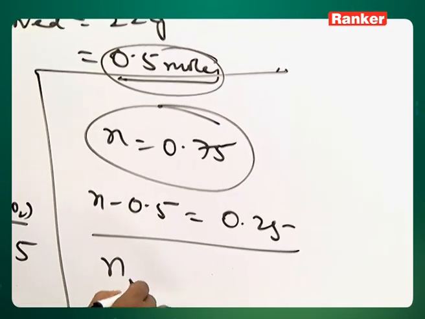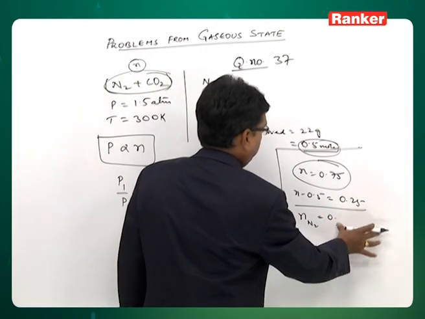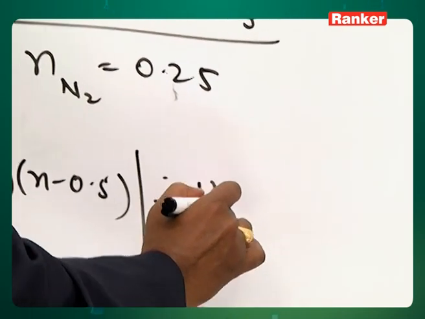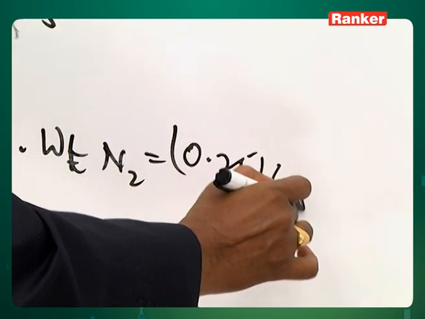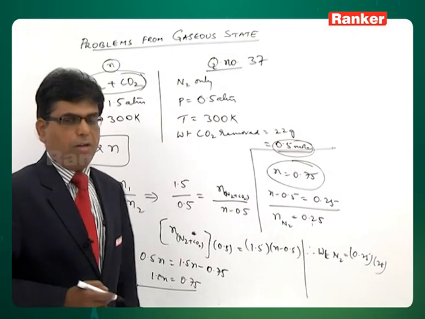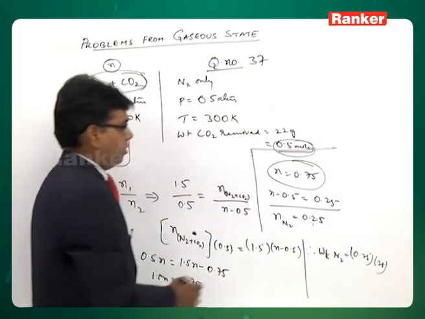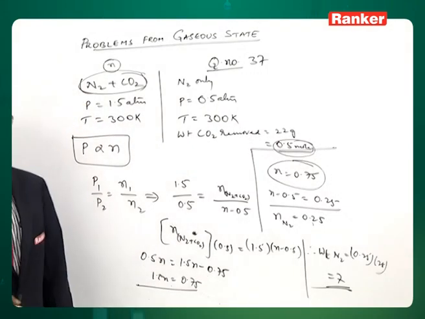That means the number of moles of nitrogen is equal to 0.25. Therefore, the weight of nitrogen is equal to 0.25 into 28, that is the molecular weight of nitrogen. So the answer is 0.25 into 28, that is 7. So it is 7 grams.